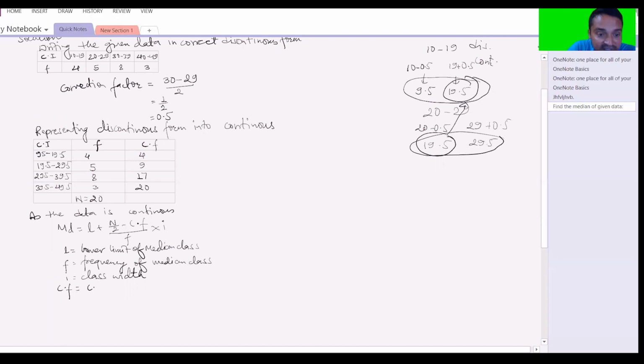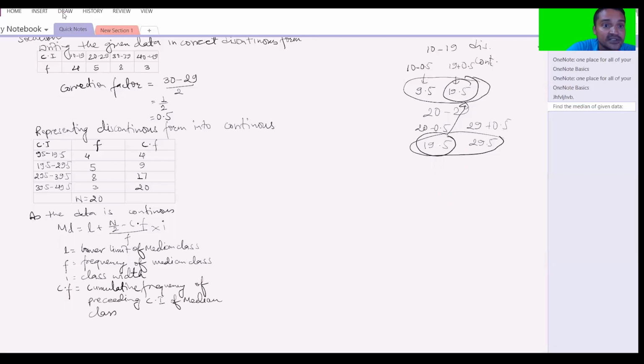What is CF? CF means the cumulative frequency of the preceding class interval of the median class. With respect to the median class, whichever class is the preceding class interval, we take the CF of that one. Okay, let's erase this part, it is not needed.